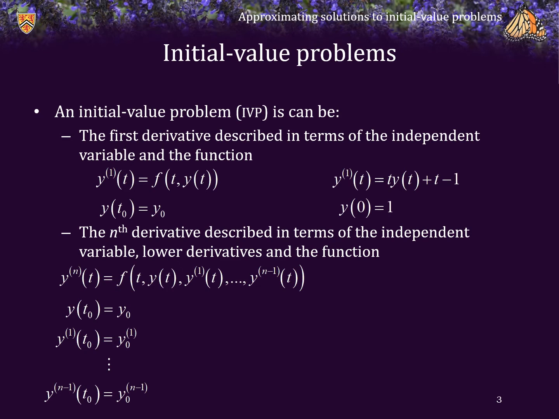More generally, an initial value problem may be of the form of the nth derivative being described in terms of the independent variable, in this case t, the lower derivatives, and the function itself.